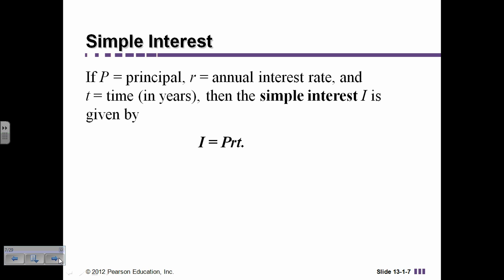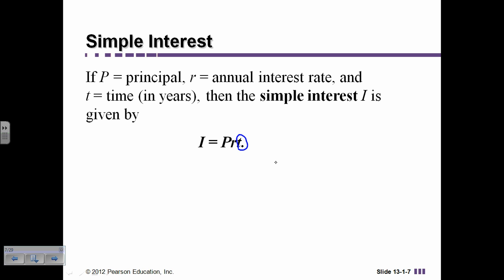So to calculate simple interest, we use this formula. Interest, or I, equals P times R times T, where P is the principal amount, that's how much you borrowed, R is the rate, and T is the time in years.